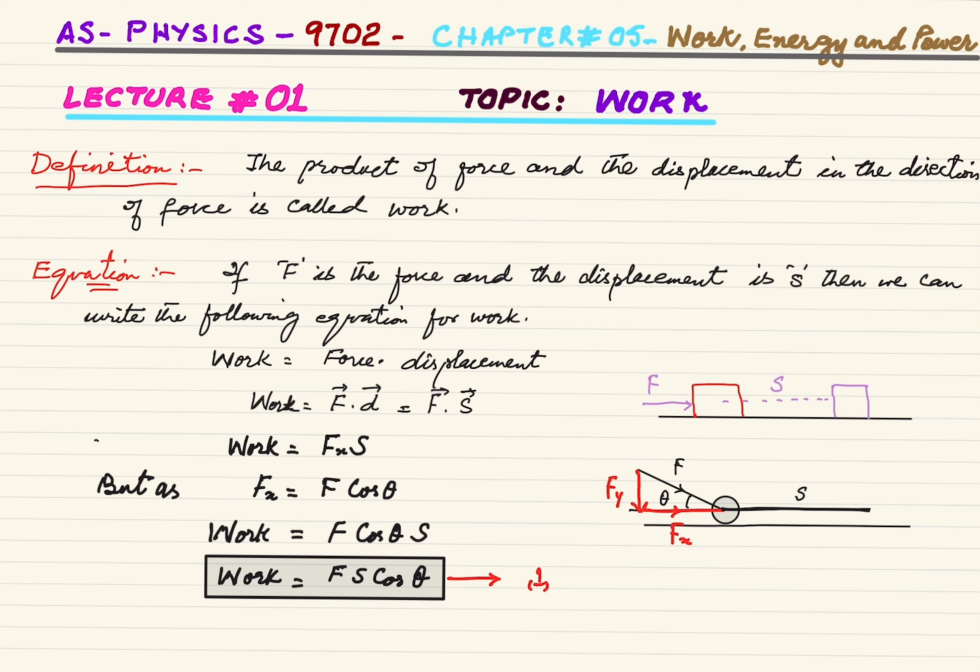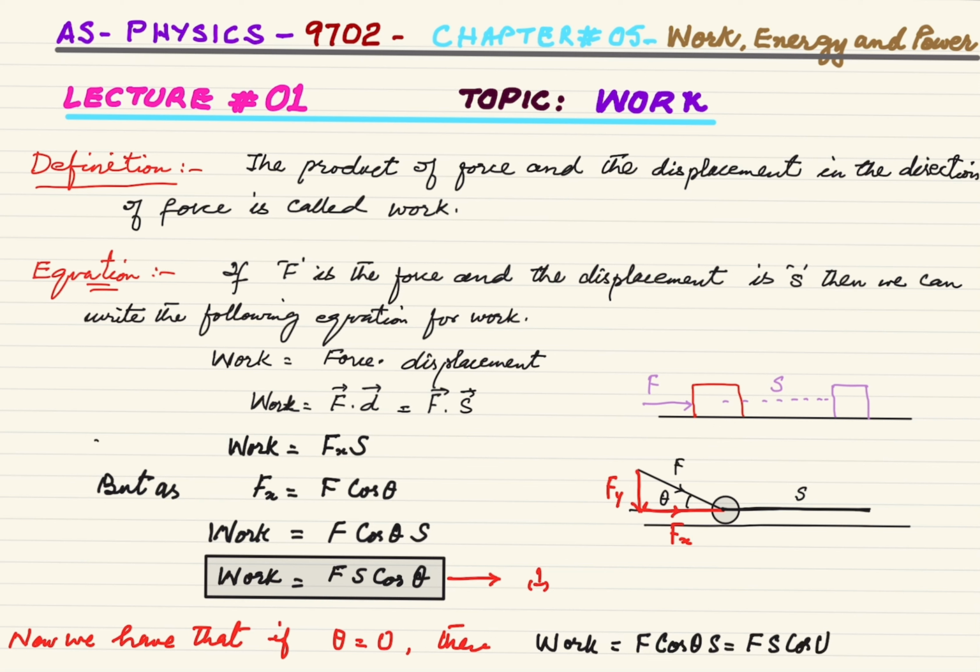Now if theta is equal to 0, then work is equal to F cos theta S, or simply Fs cos theta.